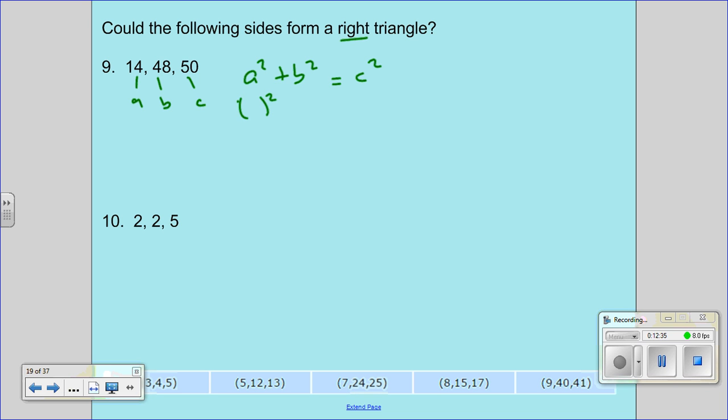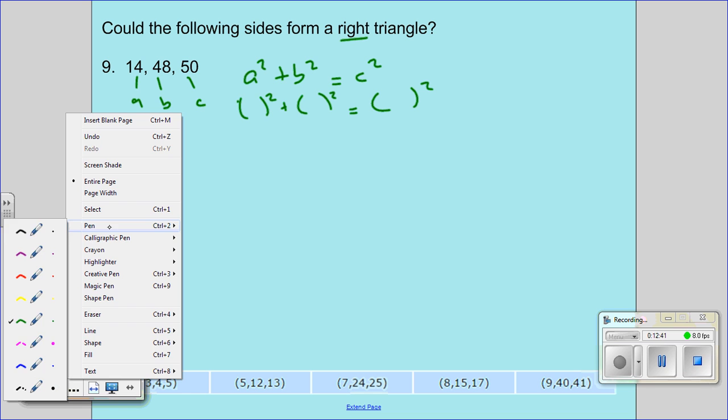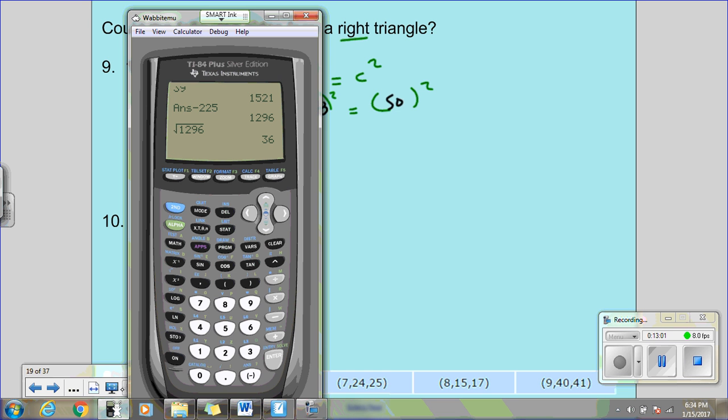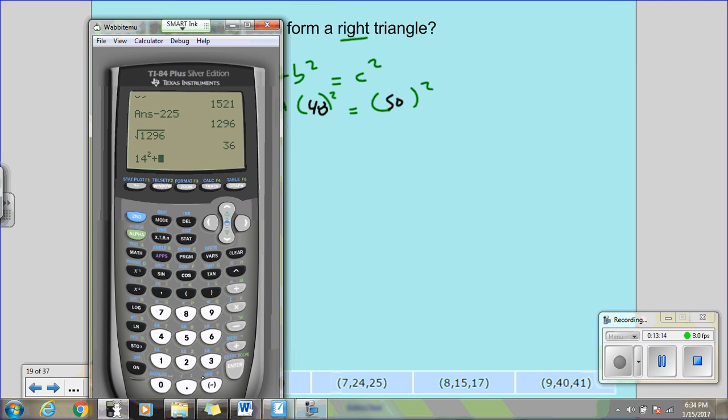So let's take care of that right now. So let's substitute in. So we would have 14 squared plus 48 squared should equal 50 squared. So 14 squared plus 48 squared is 2,500.